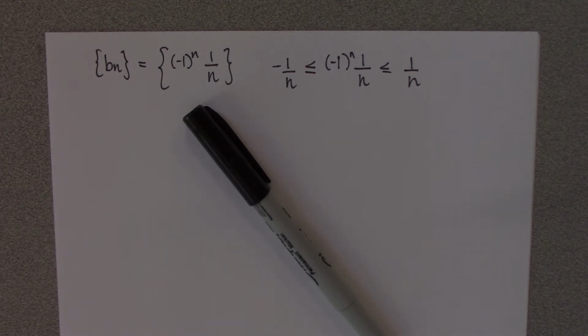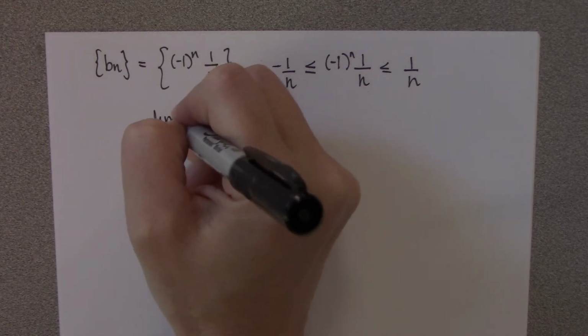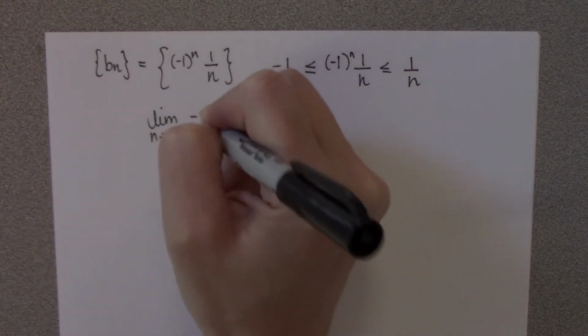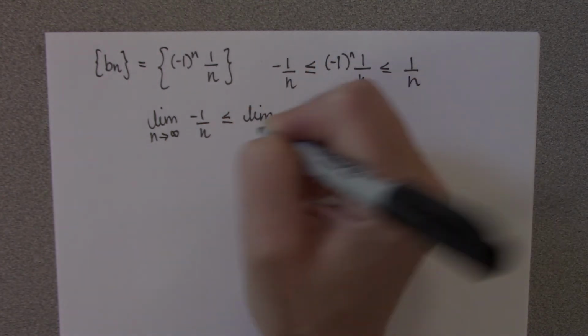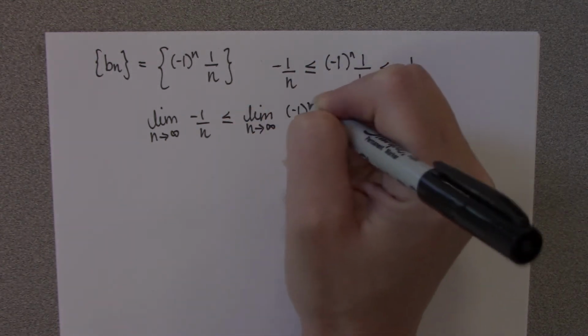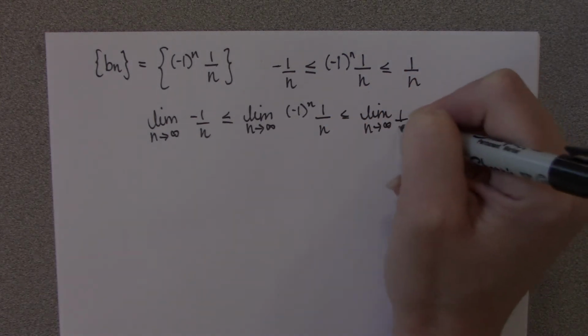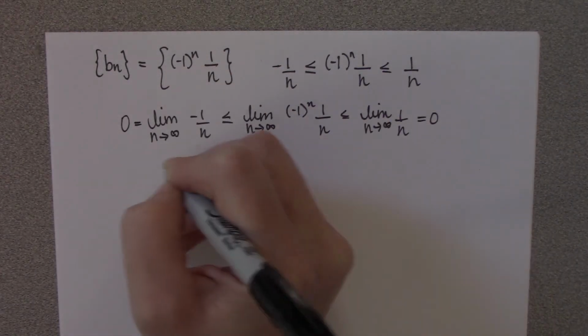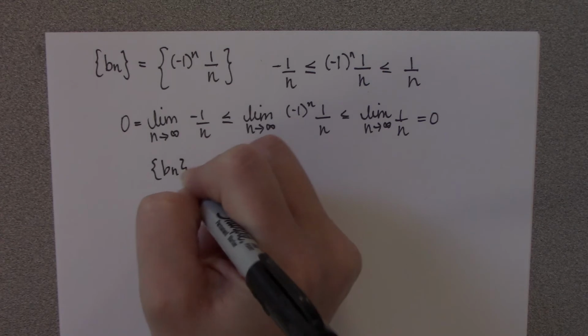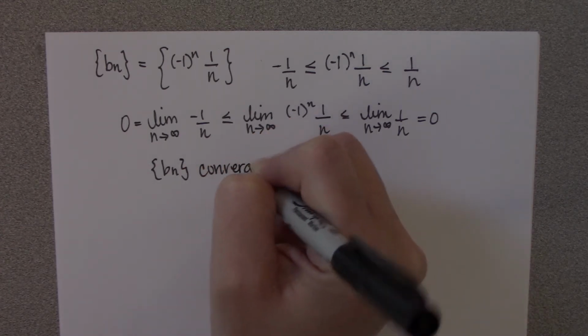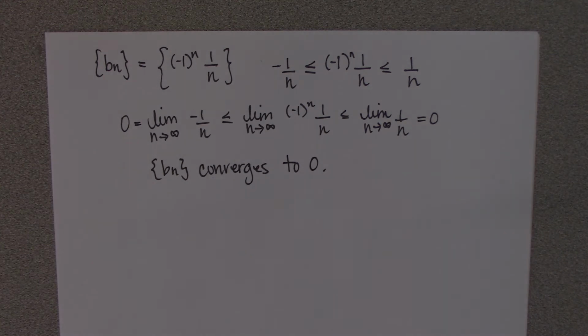So that (-1)^n will never be less than -1, and it'll never be greater than +1, but I can't actually take the limit of the original function in its original form because it's constantly going up and down. So now, of course, just like in the last problem, if we take the limit, we see that we've just sandwiched this guy between 0, so this converges to 0.